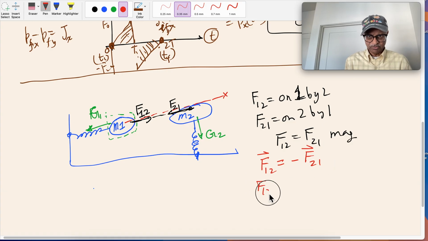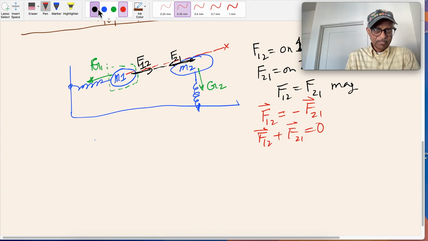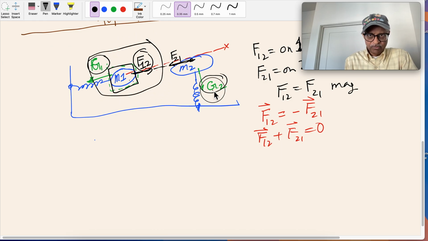That means F12 plus F21, these two vectors must cancel. So on this object you have two forces, and on this object you also have two forces.